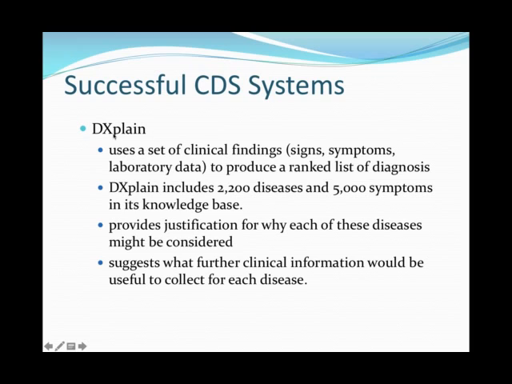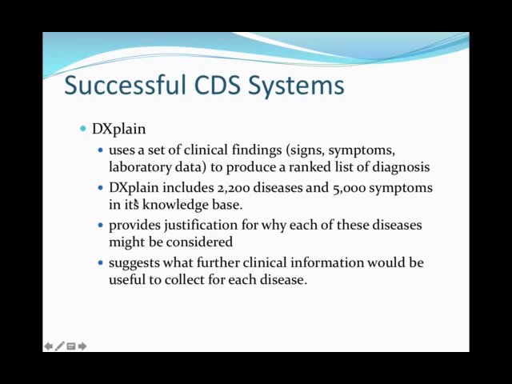DXplain uses a set of clinical findings like signs, symptoms, or lab data to produce a ranked list of diagnoses. So instead of just giving you one diagnosis, it gives you a list: most likely is this diagnosis, second most likely is this, etc.